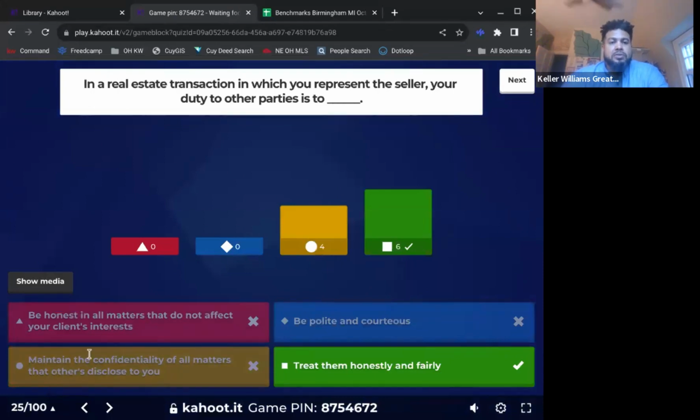Yeah, that's still your responsibility, but the responsibility to all parties is honesty and fairness. So that's probably going to come up in your test, and that's your duty to everyone. This is your duty to your client. So if someone tells you stuff that's not your client, you don't have any obligation to keep their confidentiality. But everyone, you are required to treat honestly and fairly.